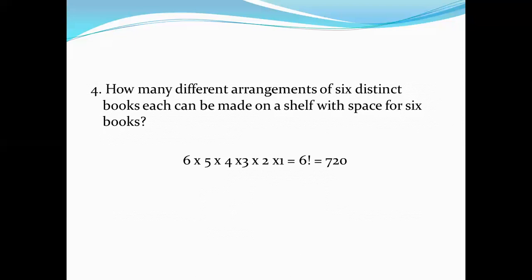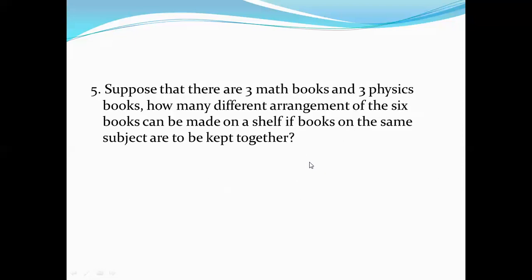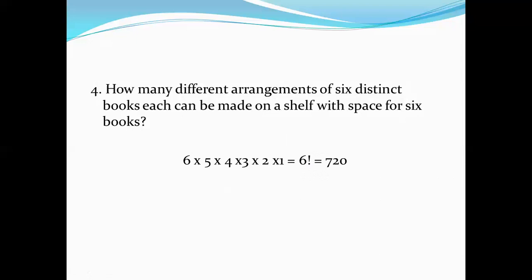For the third space, there would be 4 choices because 4 books will be left, and so on and so forth. Multiplying this is equivalent to 6 factorial. So instead of multiplying 6 times 5 times 4 times 3 going down, we apply this operation. So 6 factorial is 720.